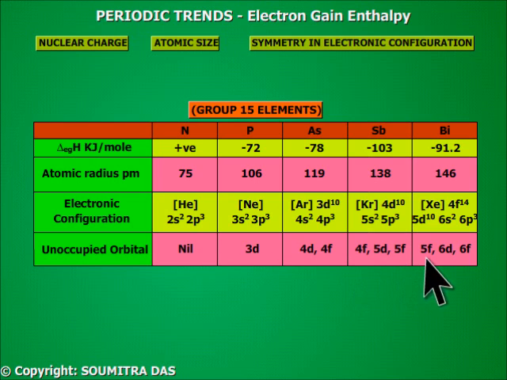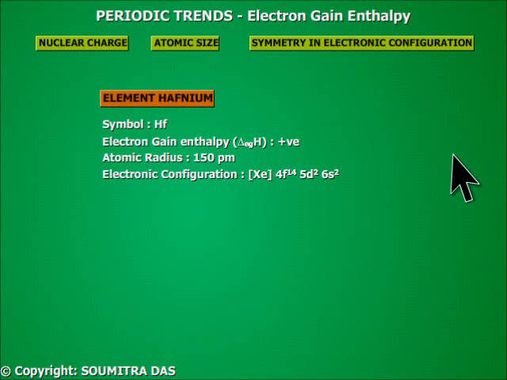These elements have unoccupied orbitals and therefore cancel the effect of symmetry and hence have negative electron gain enthalpy. Here, hafnium also has a positive electron gain enthalpy, probably due to the fact that addition of an electron in the 5d orbital is resisted by the shielding effect offered by a full set of 4f orbitals.